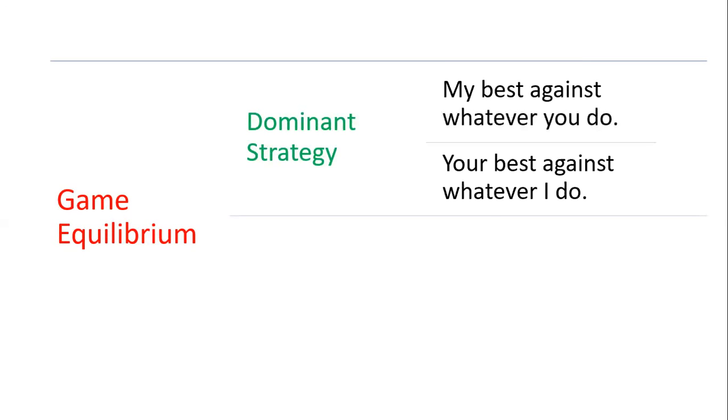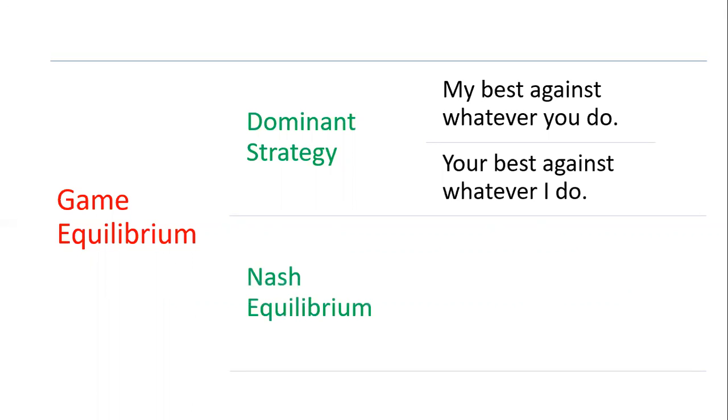These sentences clear the difference between dominant strategy and Nash equilibrium. A dominant strategy for me is my best against whatever you do, and for you is your best against whatever I do.